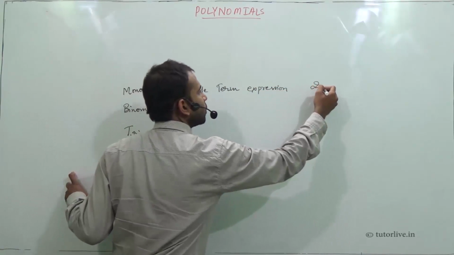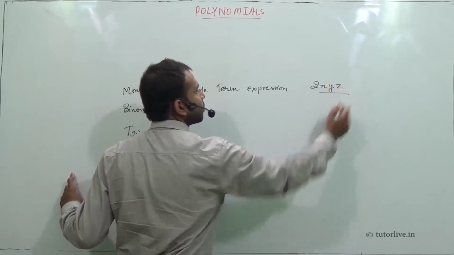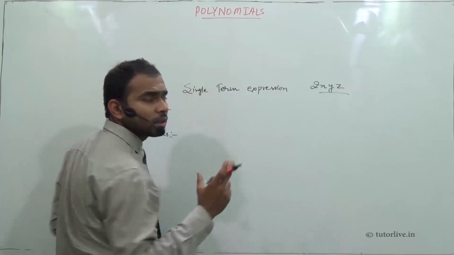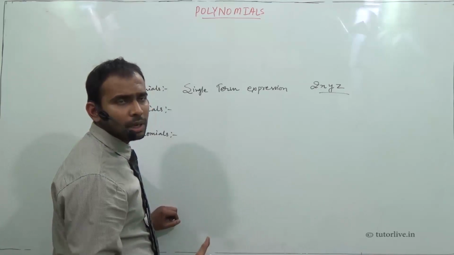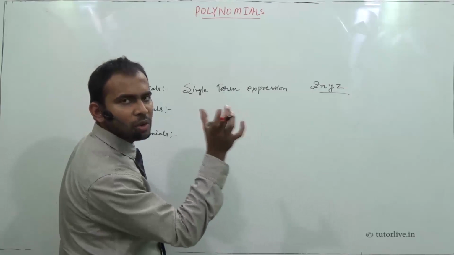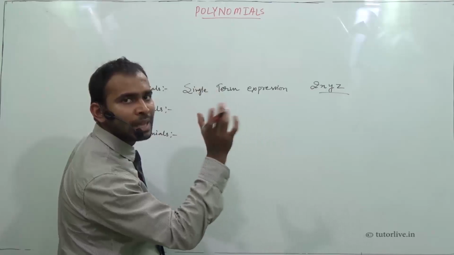Example: 2x, y, z. This is simple, a single term. There is no mathematical operation, plus or minus. That's just simple 2x, y, z. That is a single term. That is a monomial.